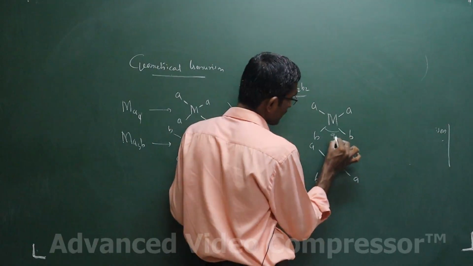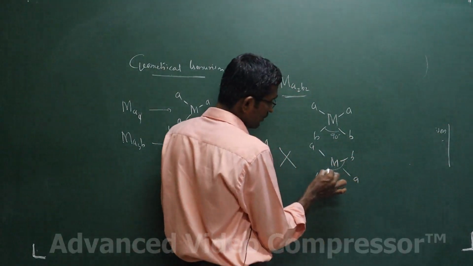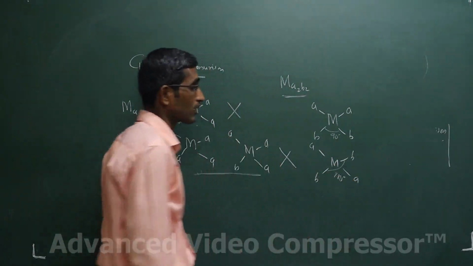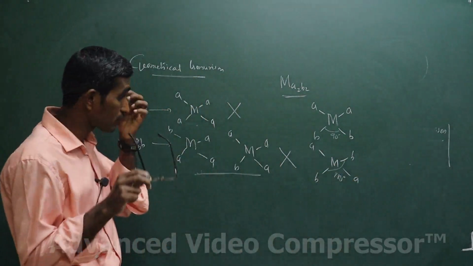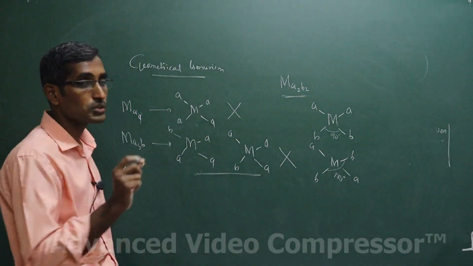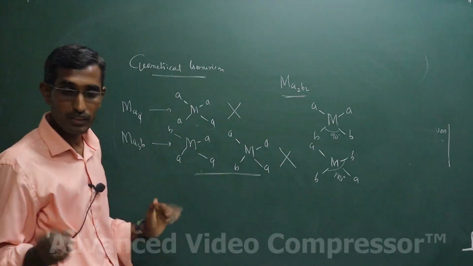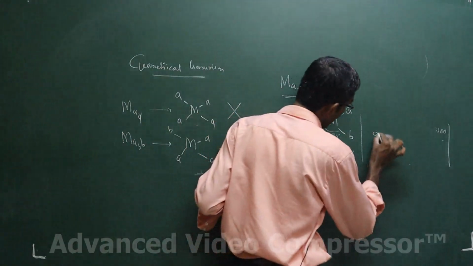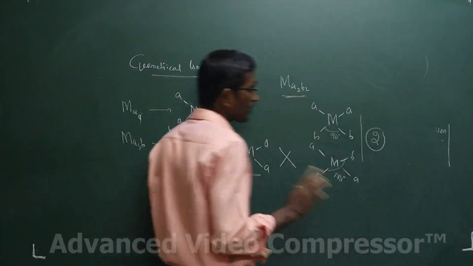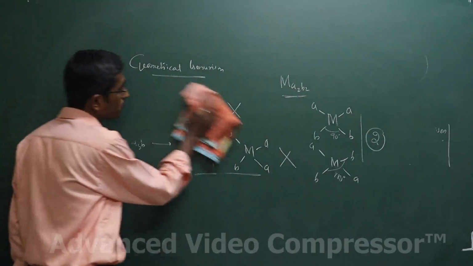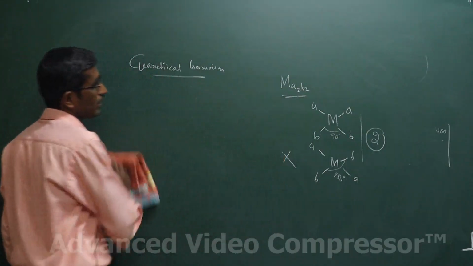The bond angle is 90 degree here. How about the bond angle between these two? It is 180 degree. Right? Or in other words, complexes of the type MA2B2 do show geometrical isomerism. How many geometrical isomers are possible, if at all they are asking? Only two forms are possible. We cannot write three forms, right? So MA2B2 does show geometrical isomerism.